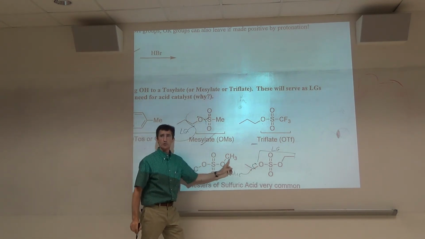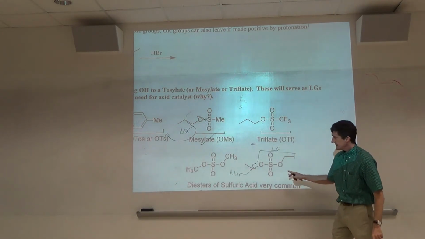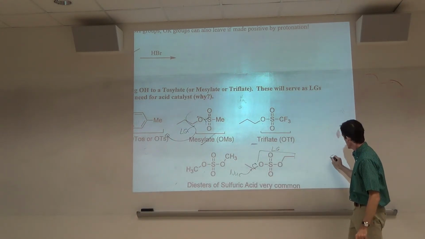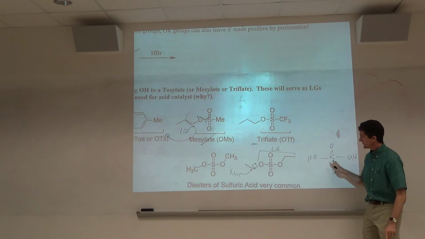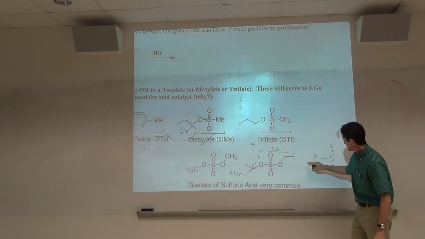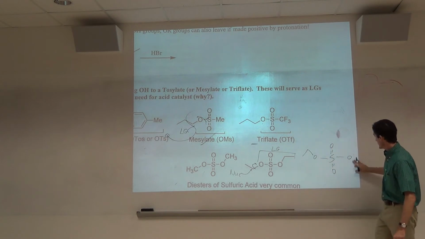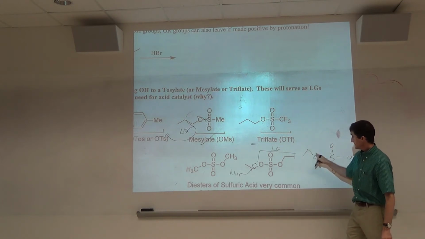These two are actually super common because these two are diesters of sulfuric acid. If you draw sulfuric acid, it looks like this. Here, we just put alkyl groups there and there. But at this point, these carbons have leaving groups.